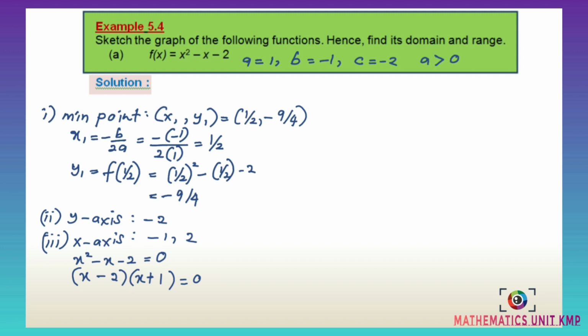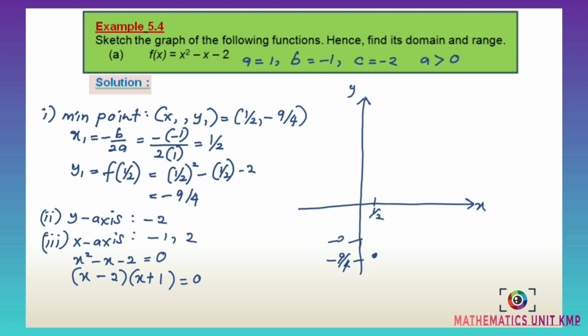Now we can sketch the graph. Draw the x-axis and y-axis. Then plot the minimum point, x equals 1/2 and y equals negative 9/4. Here is the minimum point. And the graph intercepts the y-axis at negative 2.